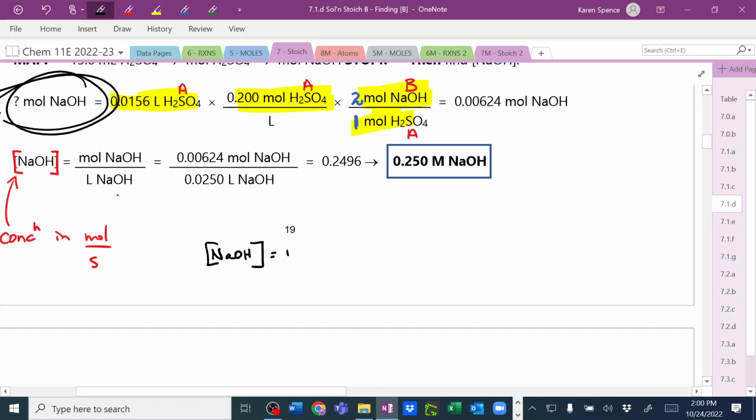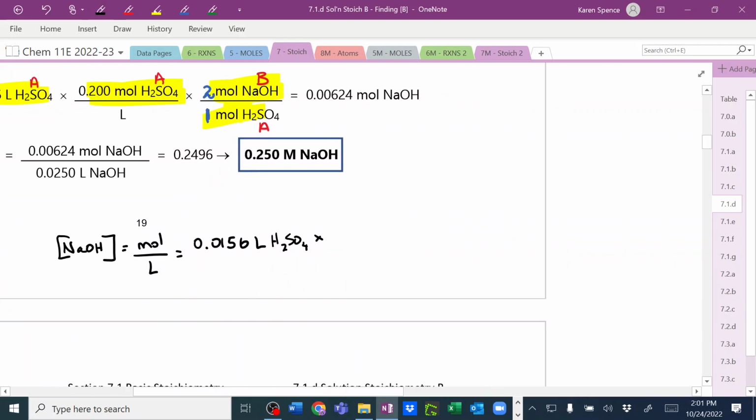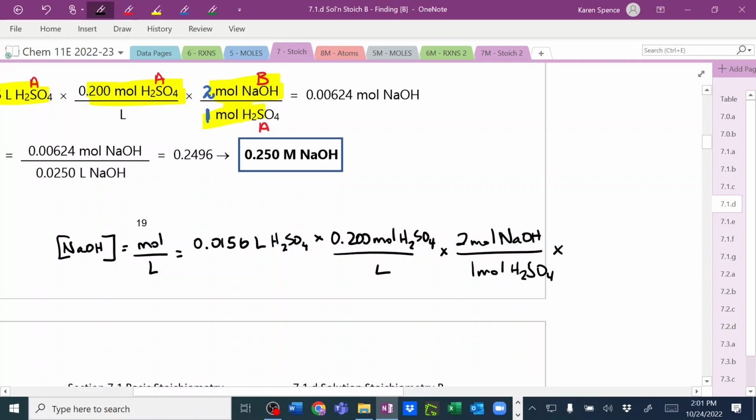So now I'm finding my moles per liter. 0.0156 liters of H2SO4 times 0.200 moles H2SO4 per liter times 2 moles NaOH per 1 mole H2SO4 times, because at this point what I've done is I've canceled this, I have my moles of NaOH.